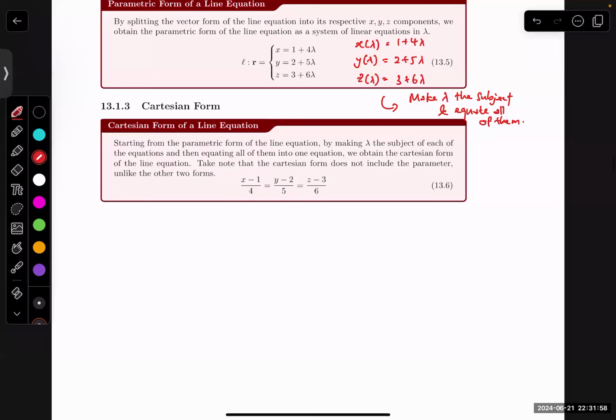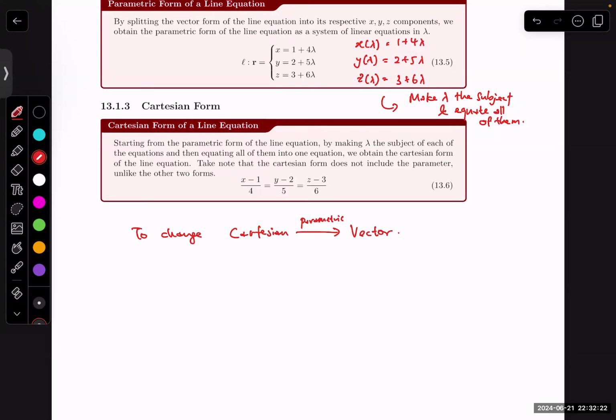So, to change from Cartesian to vector form, what we need to do is use the parametric form. We see a lot of parallels between vectors and complex numbers.